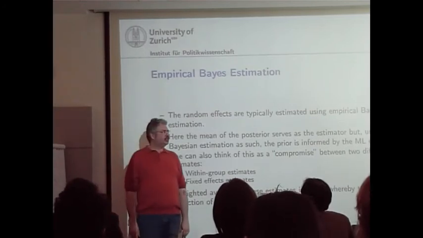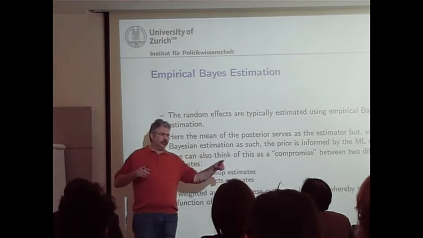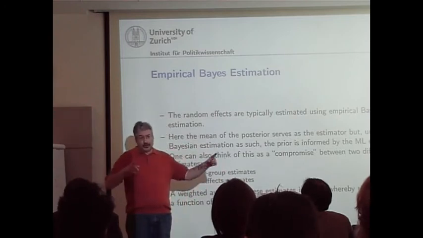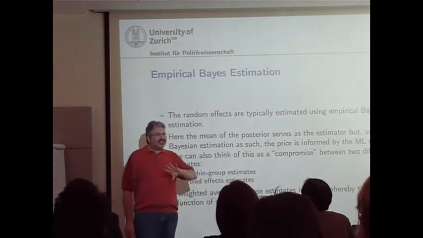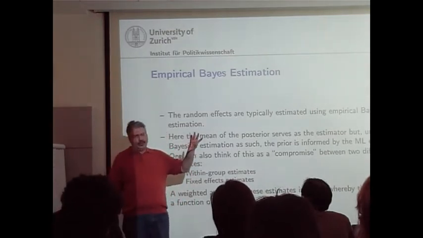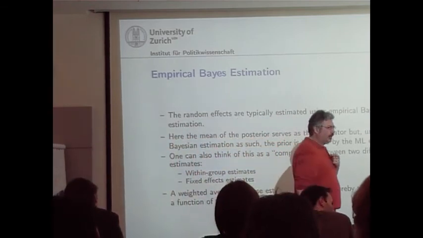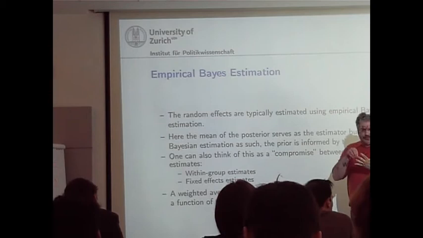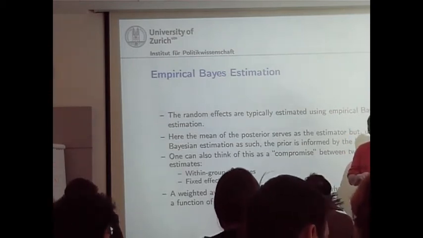And here we say, actually, the only thing we assume about the prior is that it's normally distributed, because the deltas are assumed to be normally distributed. And the rest of that prior is informed by the maximum likelihood estimates that we've already obtained of the fixed effects and of the variance components.